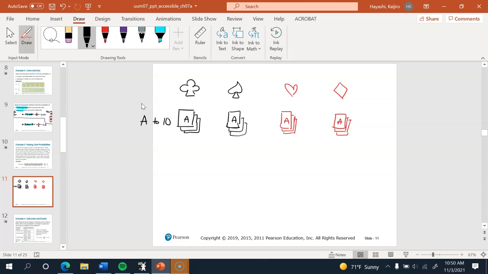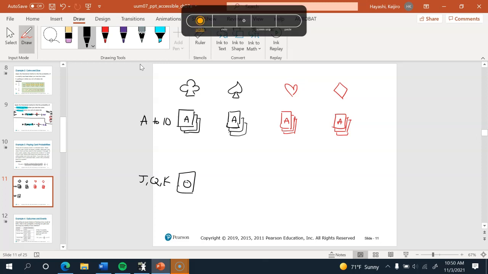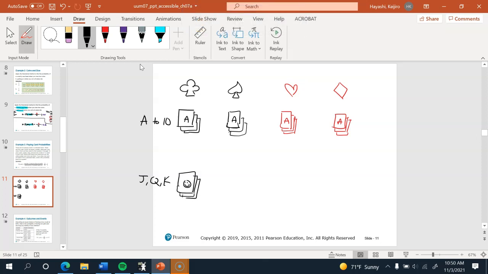The remaining cards are known as face cards. And they're called face cards because they have people's faces on them. And there are 3 of each of those.